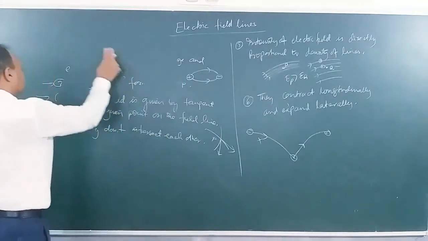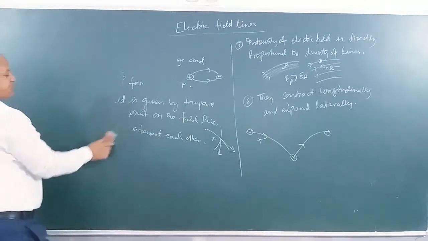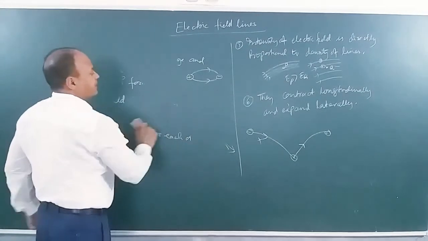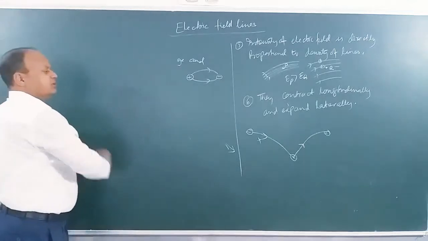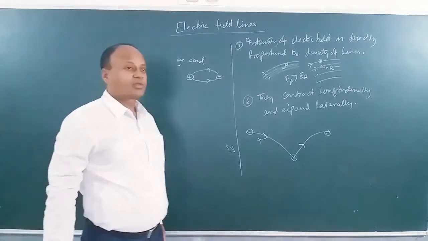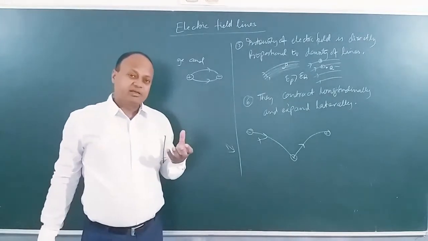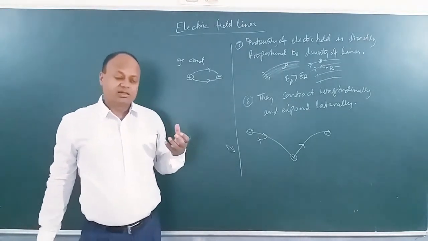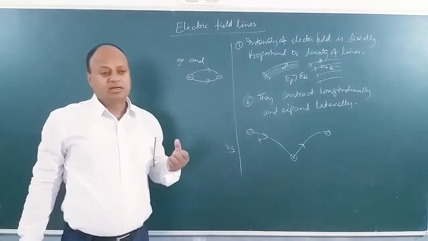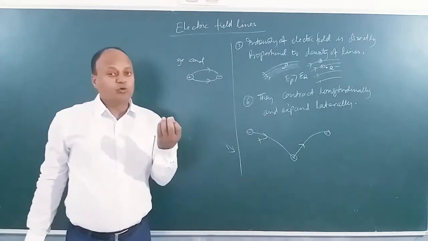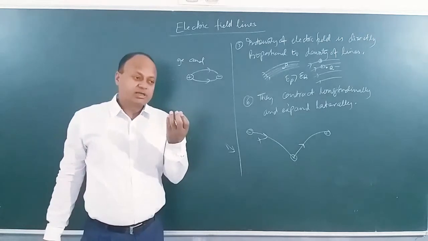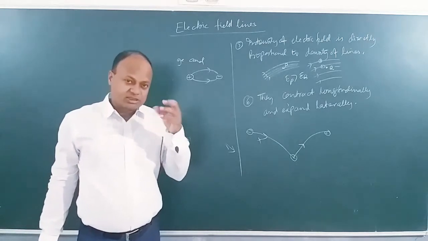Now children, once you have discussed electric field lines, I think by now you are clear that electric field lines can be visualized by seeing a bulb glow. Just like when a bulb glows, the rays are coming out.